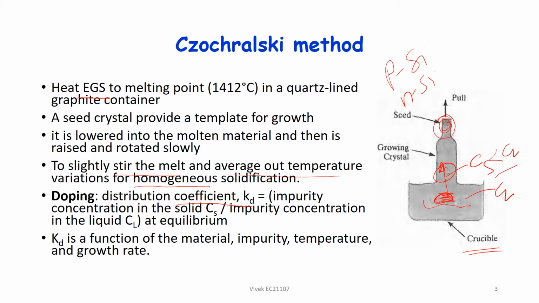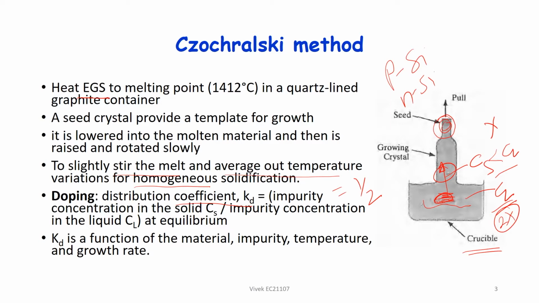So to get a certain impurity concentration, let's say X, you have to have a larger amount of impurity in the liquid or molten silicon, right? So let's say Kd is 1 by 2. That means Cs by Cl will be 1 by 2. So to obtain impurity X, you have to have impurity concentration 2X in the liquid.